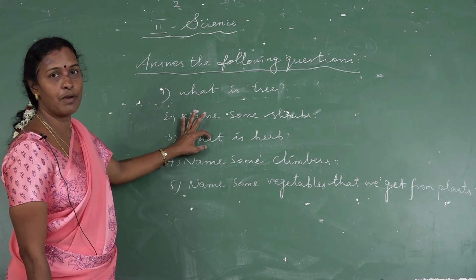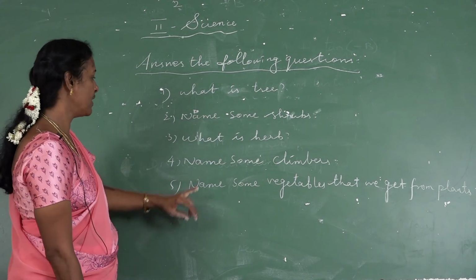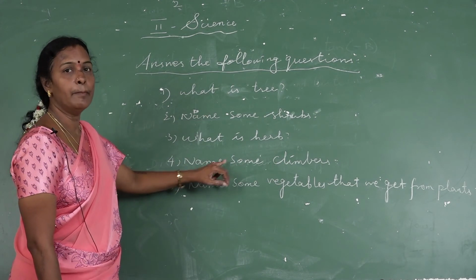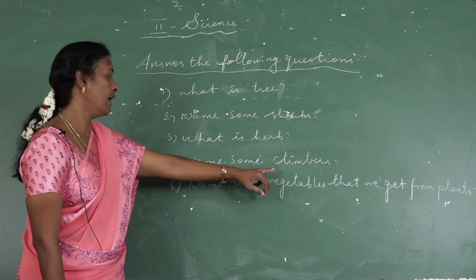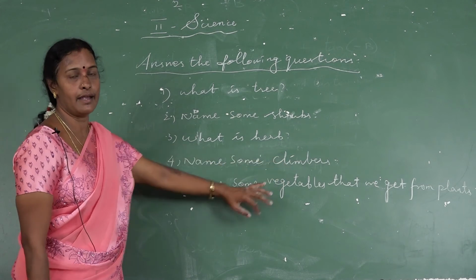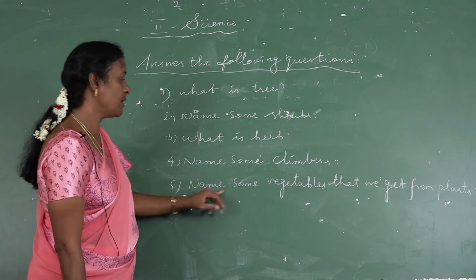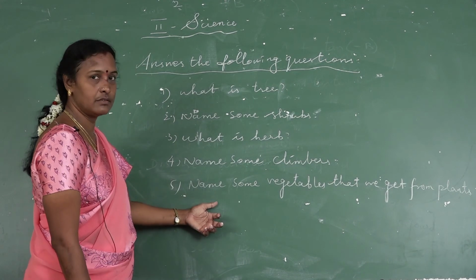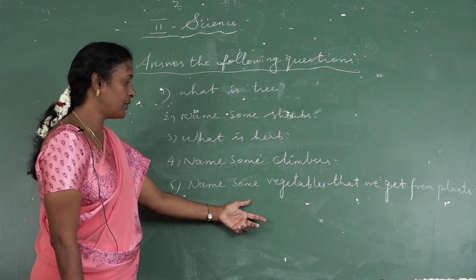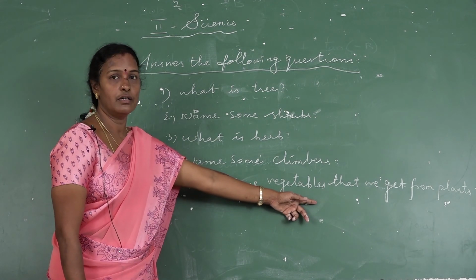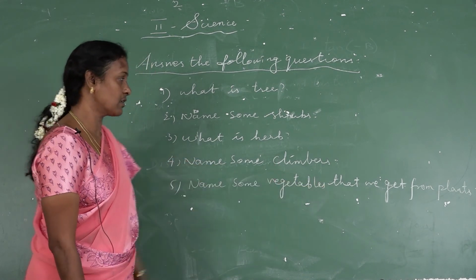A very small plant is called a herb. Name some climbers. Money plant, bean plant and grapevine. Name some vegetables that we eat from plants. Carrot, potato, tomato, cauliflower, green leaves, etc.